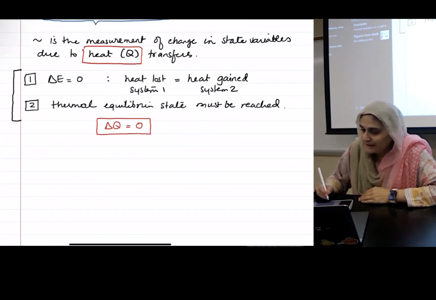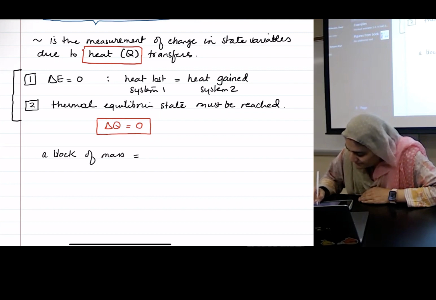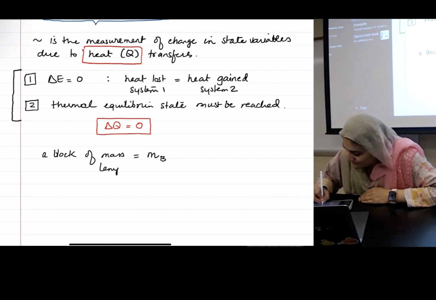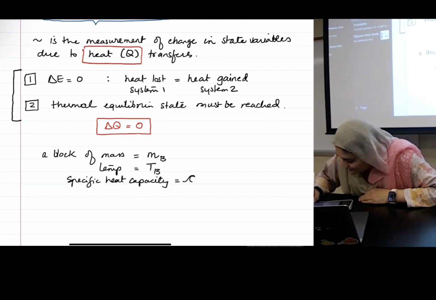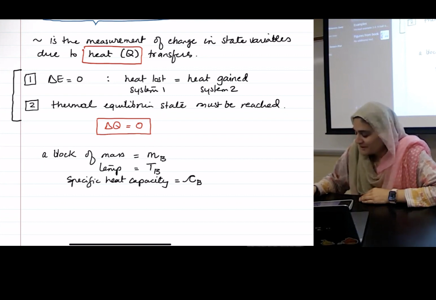Suppose I have a block of mass M, let's call it mass of the block, and its initial temperature is T of the block, and say its specific heat capacity is little c.